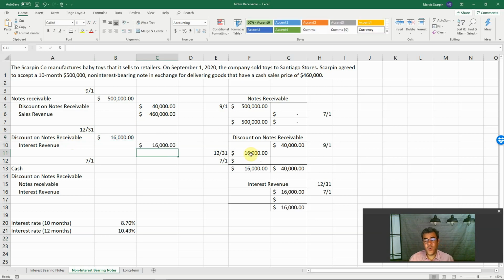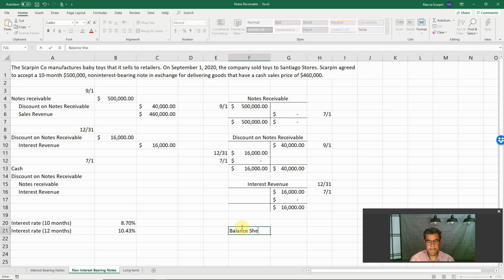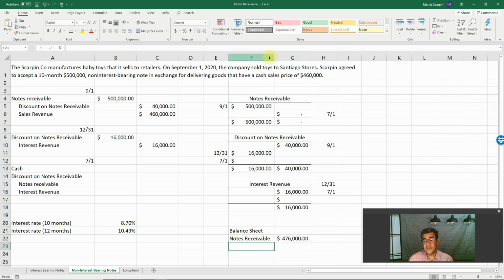So now on December 31st, our balance sheet here, notes receivable would be 500 less 40 plus 16. So on December, our notes receivable would be 476.